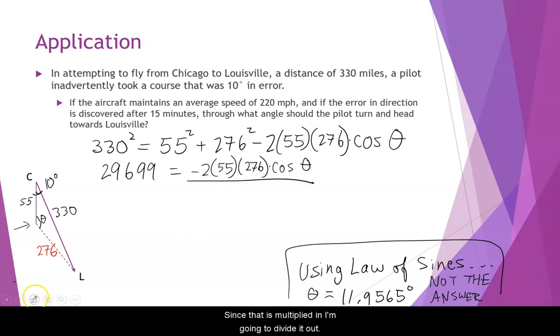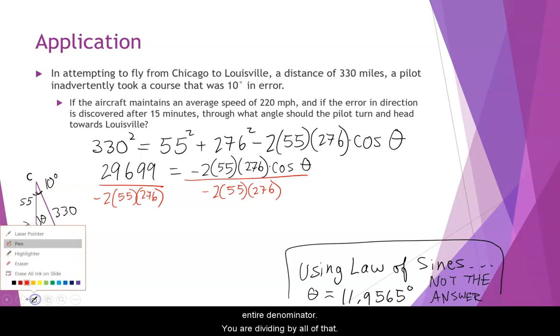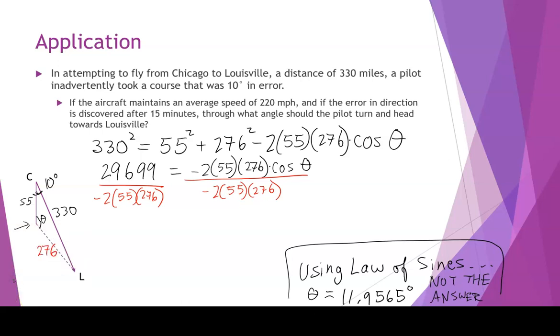Since that is multiplied in, I'm going to divide it out. And if you're doing this in your calculator in one step, make sure you put parentheses around that entire denominator. You're dividing by all of that. In fact, I encourage you to just do this whole problem with me to make sure there's no computation errors on your calculator. We end up with negative 0.978228 equals the cosine of theta.